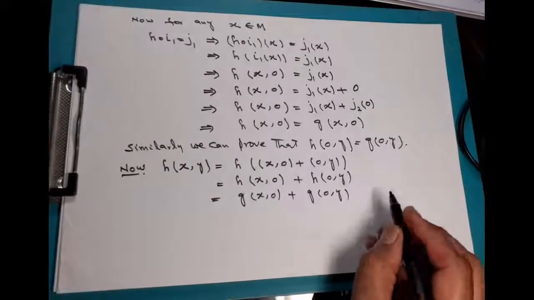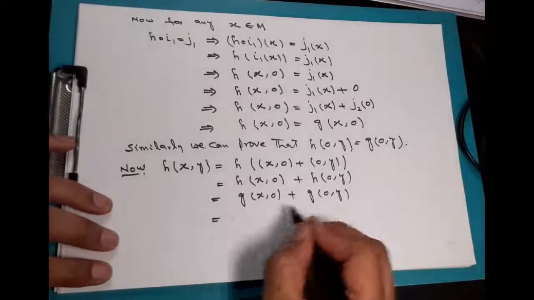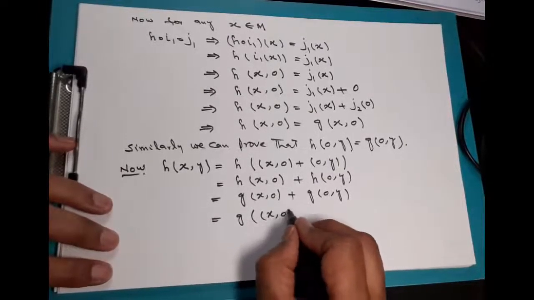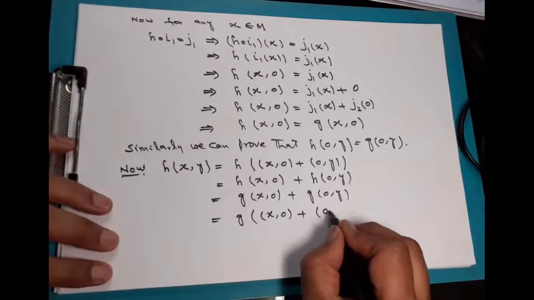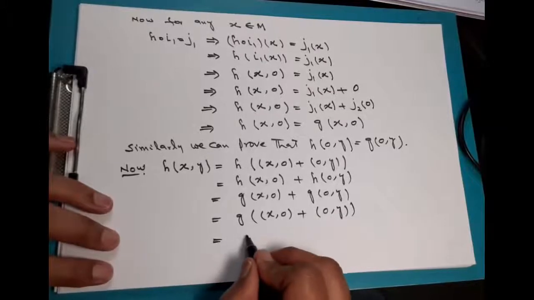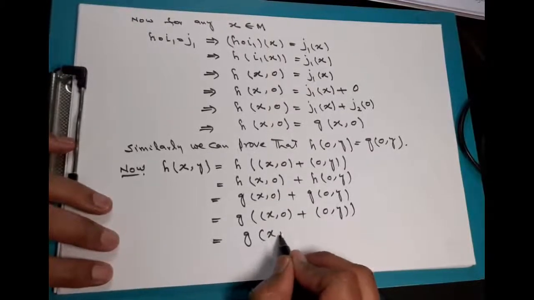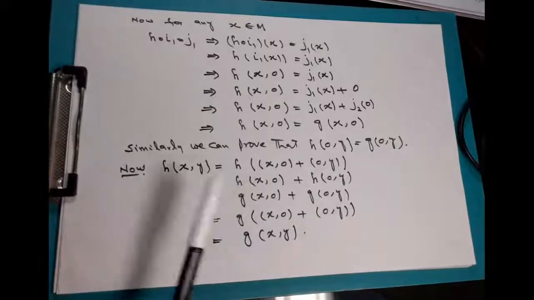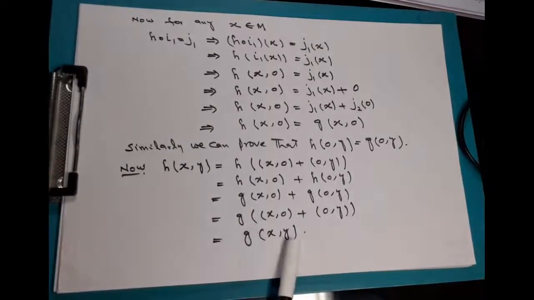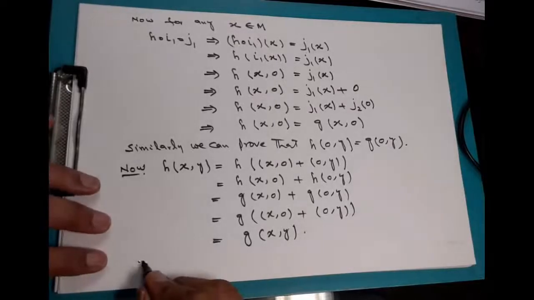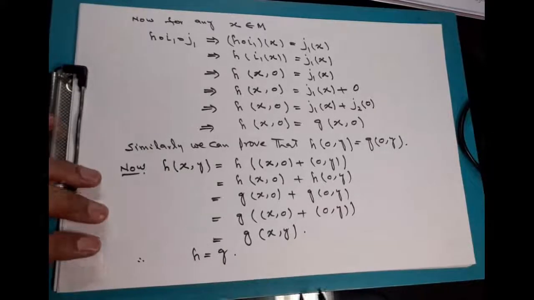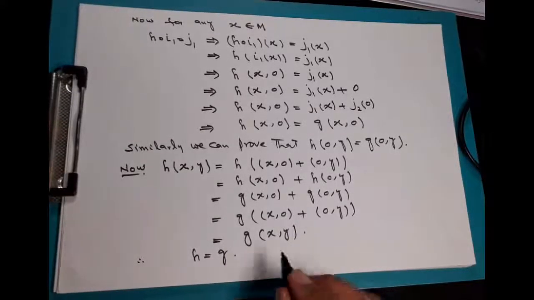Since g is a module homomorphism, this can be written as g of (x,0) plus (0,y), and adding these two, this is equal to g(x,y). So the effect of h on (x,y) is the same as the effect of g on (x,y). Therefore h is equal to g, and therefore g is unique.